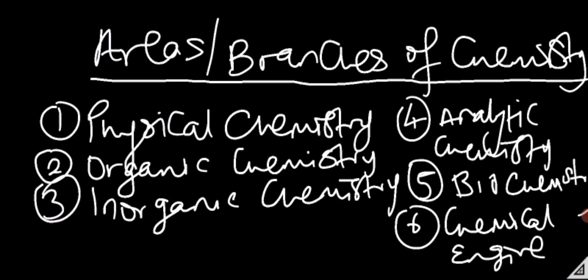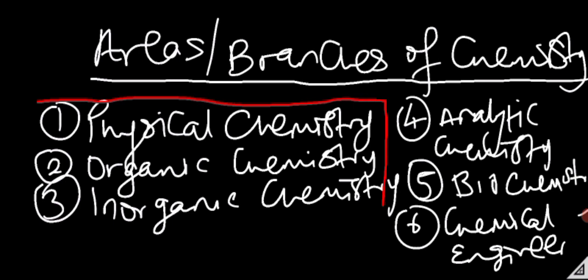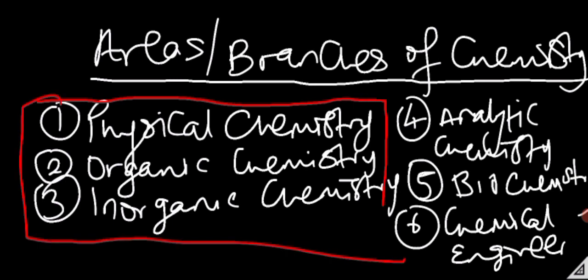Those are the branches and areas we can explain. There are more, but in this O-level course, in this playlist, we are just going to be concerned with physical, organic, and inorganic chemistry. Don't worry, with time you will begin to understand them in detail.